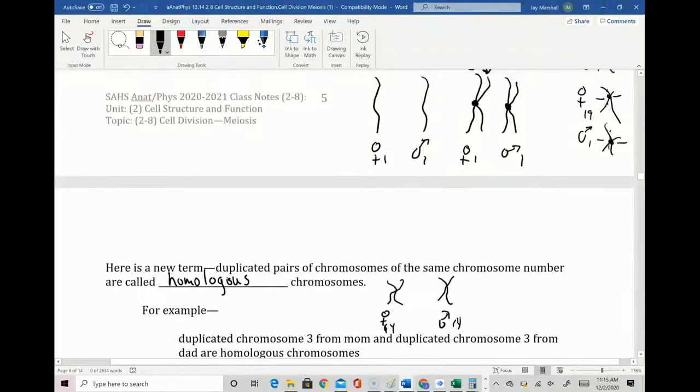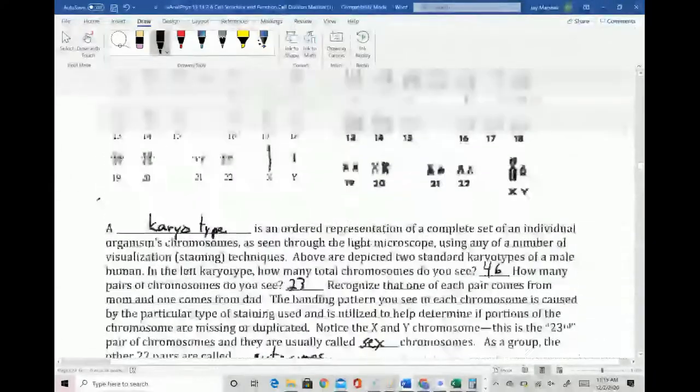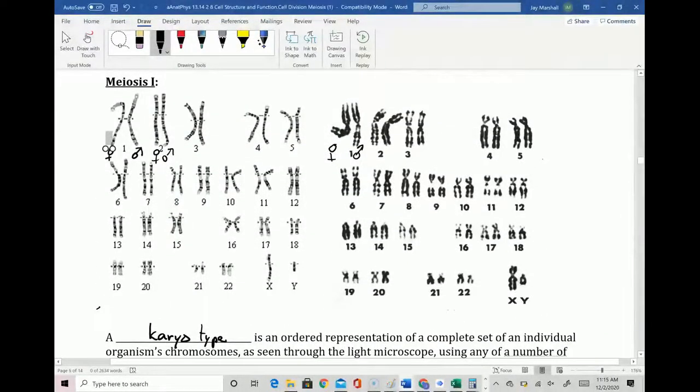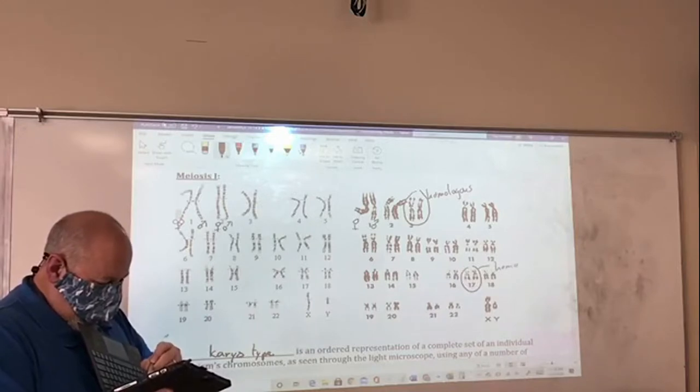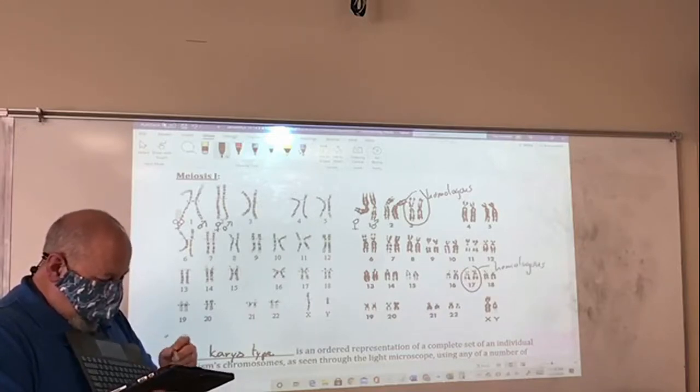So I could go back up to this set of chromosomes and say, these are homologous. These are homologous. Okay?